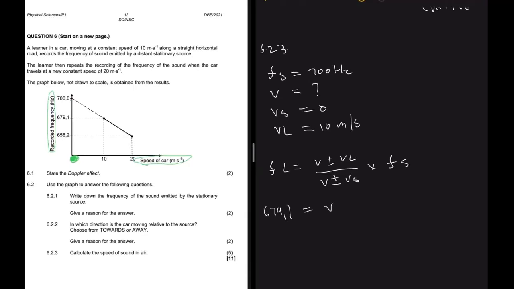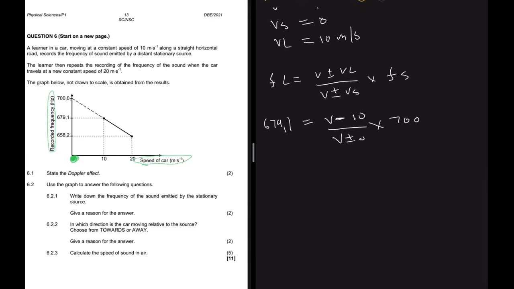Then the velocity of the listener: because the listener is moving away, we're supposed to have a minus on the numerator. If it was moving towards, then we'd have a plus. So there we have V minus 10 divided by the velocity of sound in air, and the source is stationary, so we have plus or minus 0, multiplied by the frequency of source. Frequency of source is 700 Hz, so we just have that there.